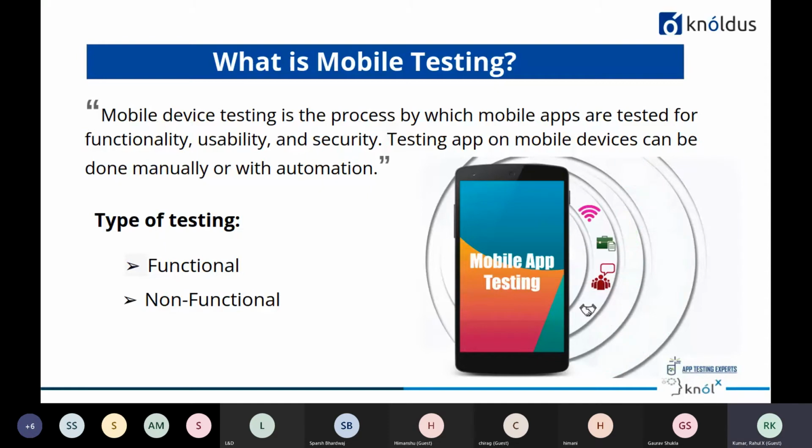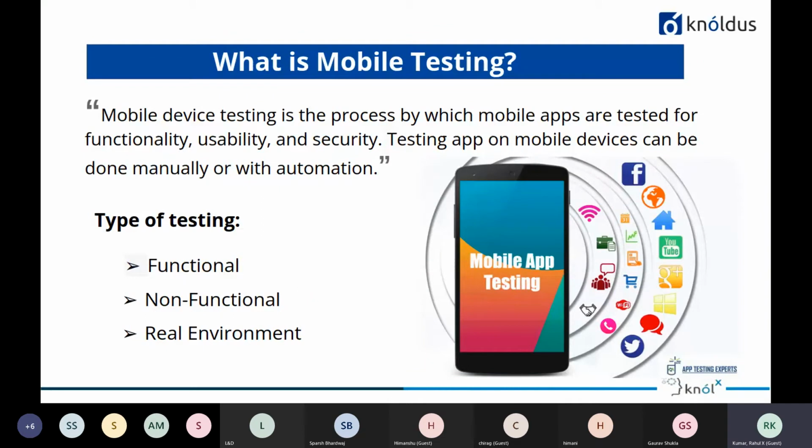At the last, we have the real environment. In this section, the tester verifies real environment conditions, which include network issues and interruptions like calls or messages that affect the application performance or sometimes the basic functionality of the application.